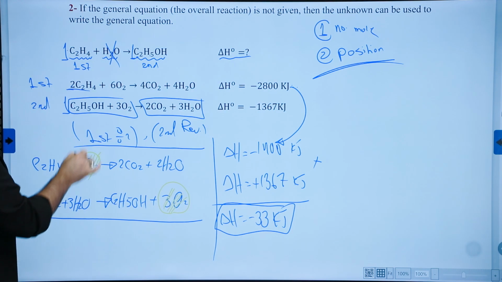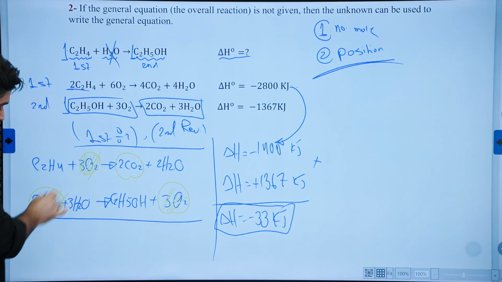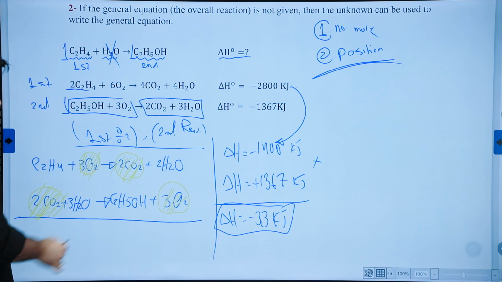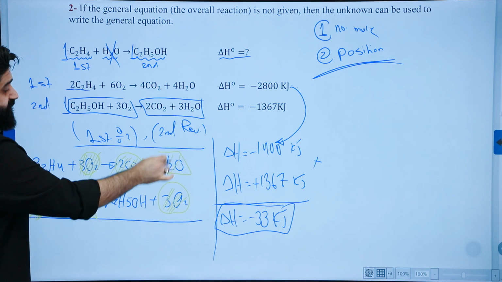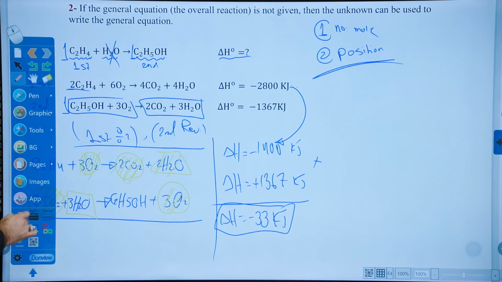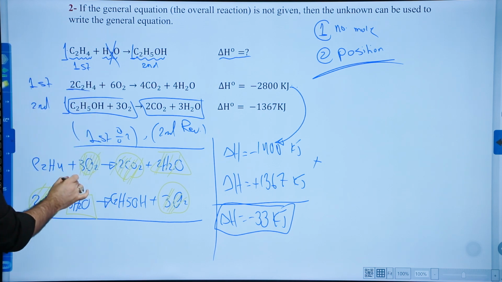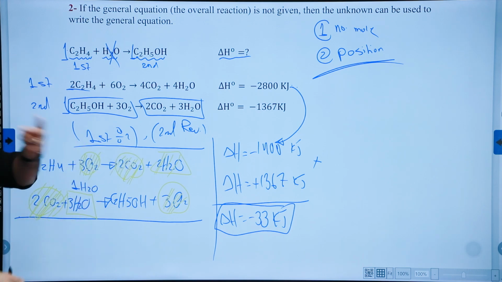Okay. It's cancelled. 2CO2 with 2CO2 is cancelled. And now 3H2O minus 2H2O, this must disappear. Only one H2O will remain here. Here we will have one more H2O. Okay, 3 minus 2 is 1.